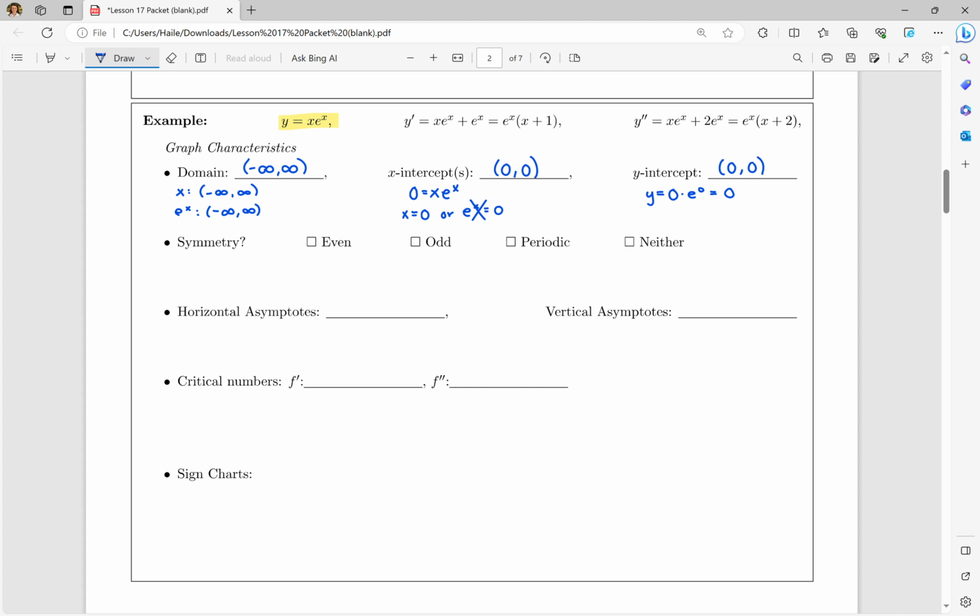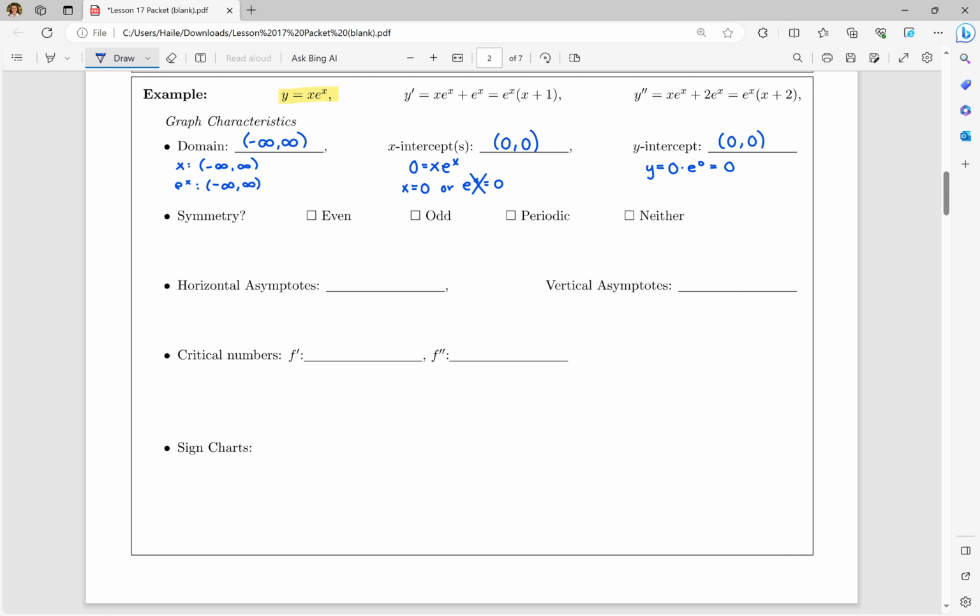Okay? Next, we're going to talk about symmetry. We want to test for symmetry algebraically because we don't know what the graph looks like. So I'm going to quickly run through each type of symmetry until we get one that works. For even, the definition is we plug in negative x and we get the original function back.